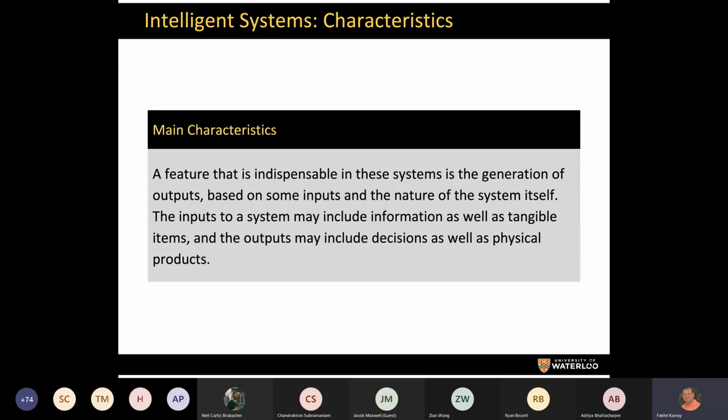The input could be an image, it could be a signal from speech, it could be a set of data that have certain types of features, and the system is going to provide you an output based on what the system has learned or what the system has seen in previous experiments. And the output could be a signal, it could be an image itself, or it could be a decision that is based on the inputs of the particular system.